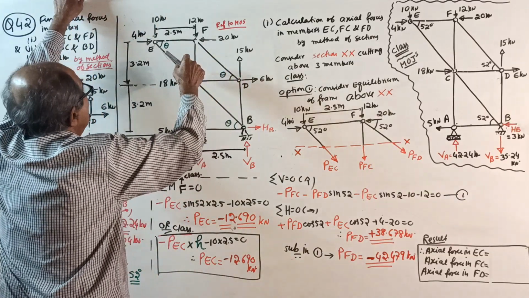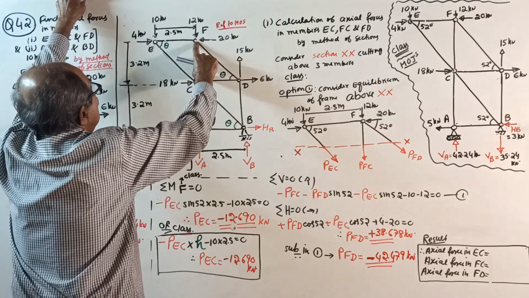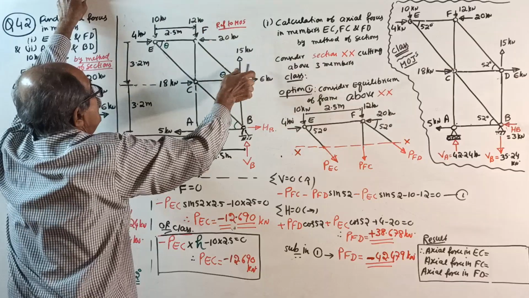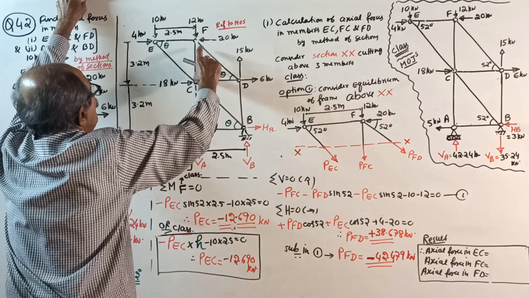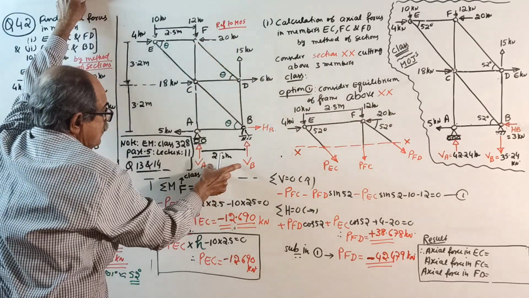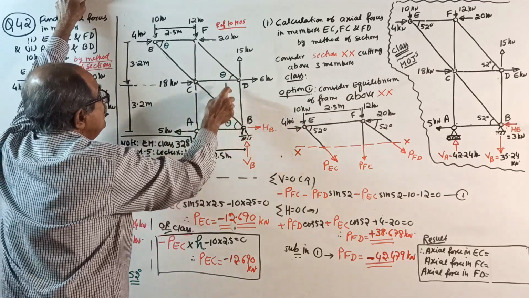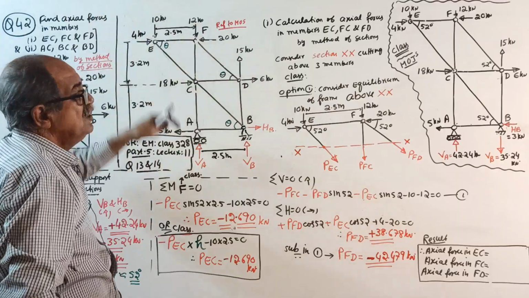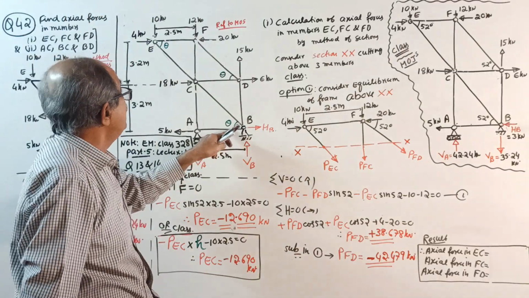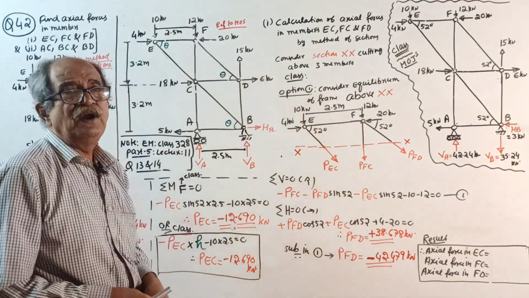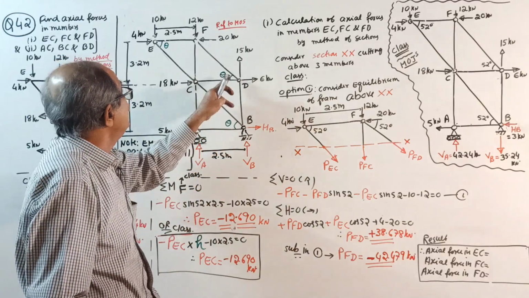For this member it is 3.2 and 2.5, and even for this member also vertical 3.2, horizontal 2.5. So all these 3 angles are the same, therefore theta. If they are not the same in some question, then theta 1, theta 2, theta 3.